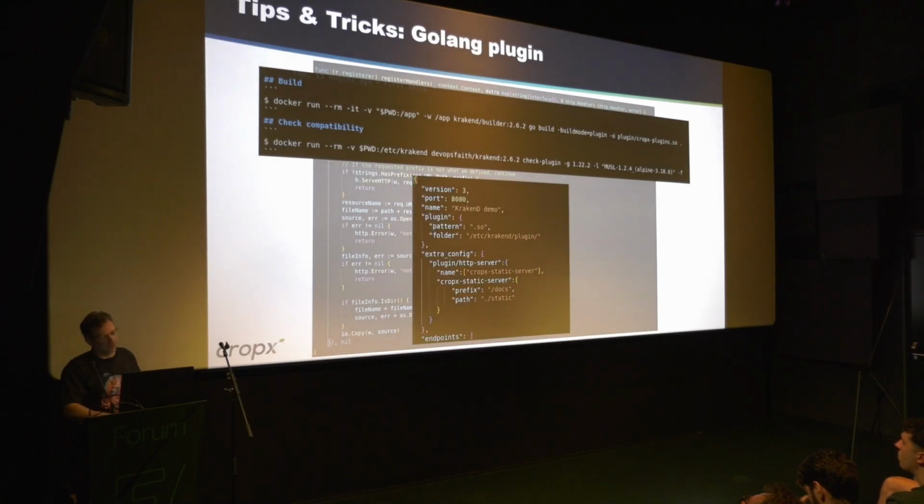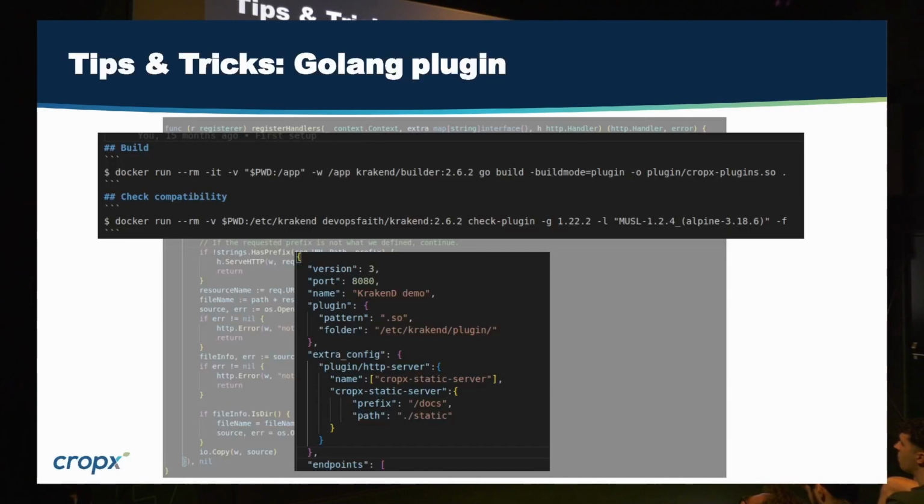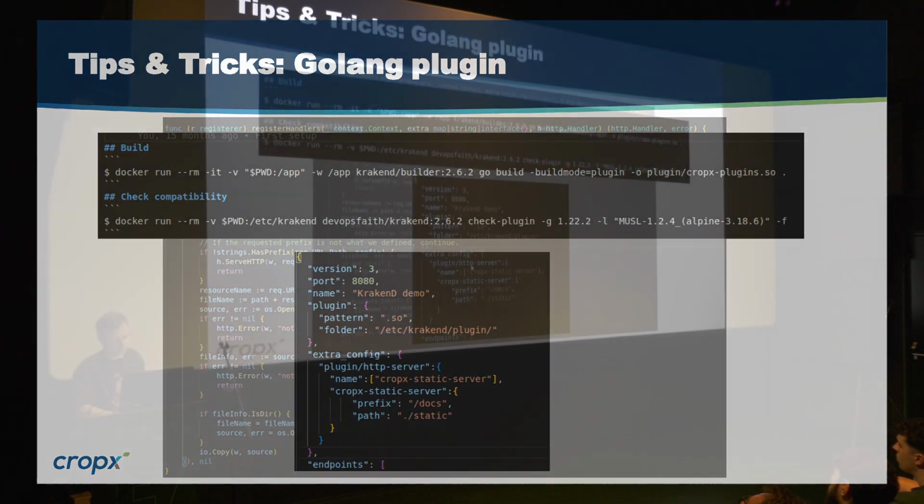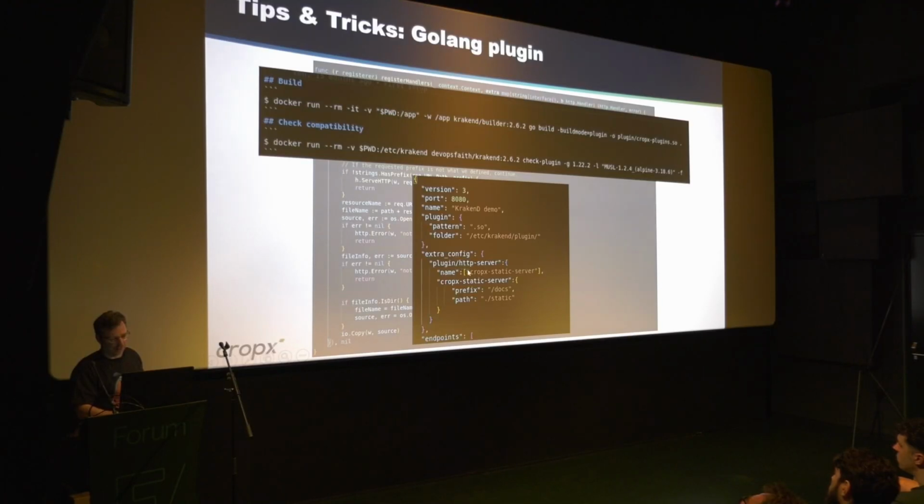And then you can configure it. You can say, okay, the plugins are in this folder, and this is what the configuration looks like. I'm going to say a static server plugin will be loaded, and this is the configuration that I want to inject into my newly created plugin.